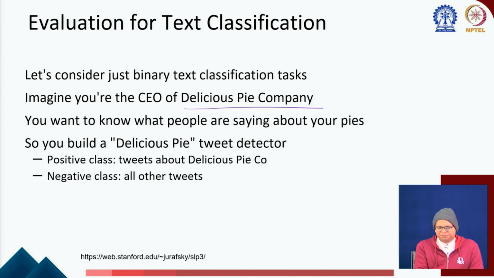So your input is any tweet that is coming at runtime. For you, the positive class are tweets that are about Delicious Pie company, and everything else is your negative class. If a tweet talks about anything else, it's negative for you. If it talks about Delicious Pie company, it's positive for you. So this is the detector you want to make.